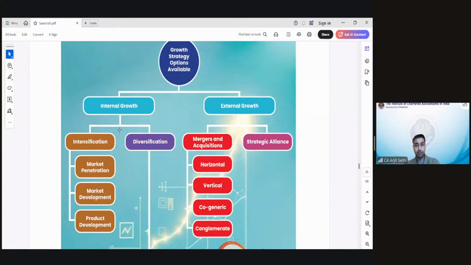What is it called? Diversification. Awesome. My friends, you guys are clear, but don't get confused with examples. Same practice, existing product in a new market is market development. Now let me take an example.